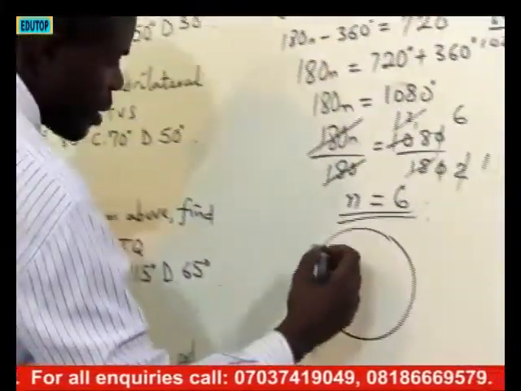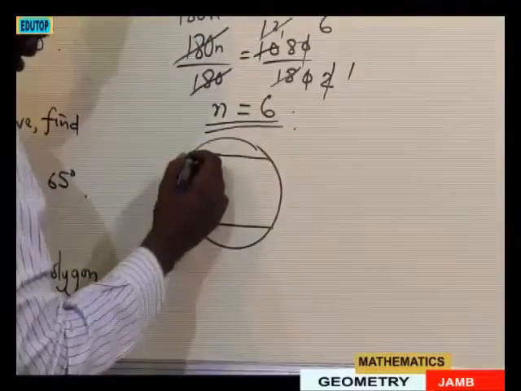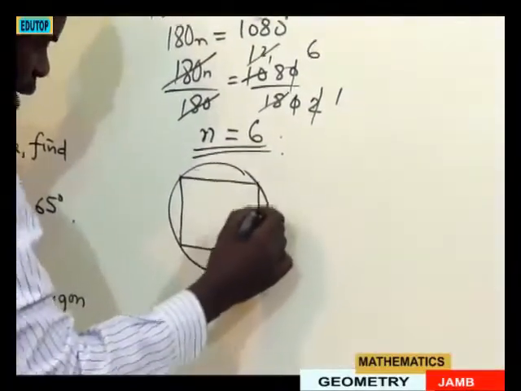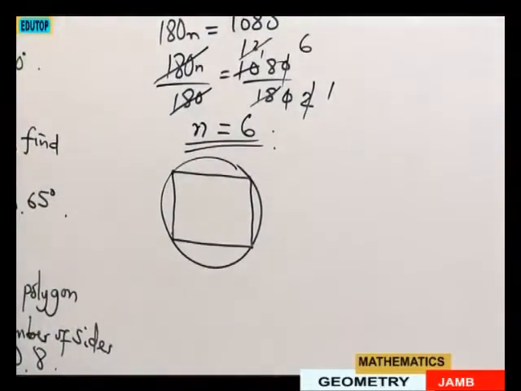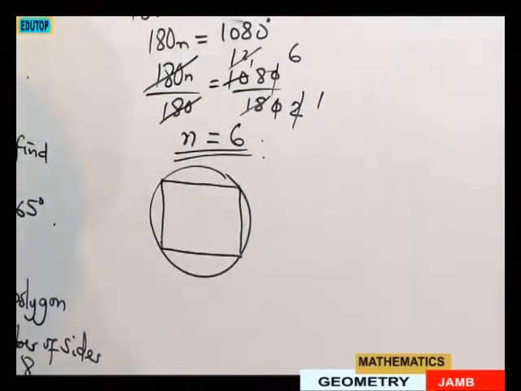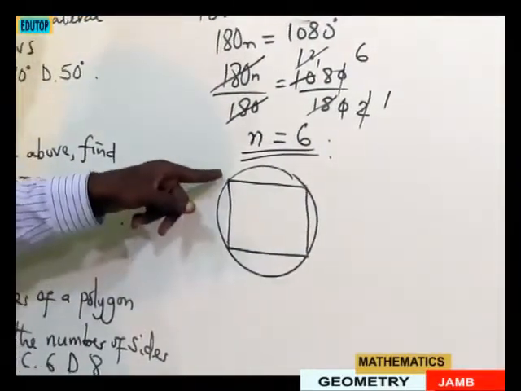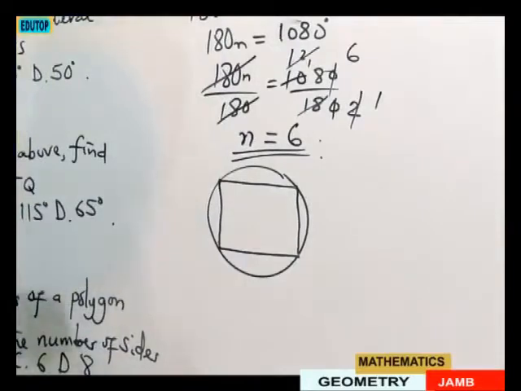This is our diagram. The first thing you need to note as far as circle geometry is concerned is that when you are dealing with a cyclic quadrilateral such that the 4 edges are touching the circle, the opposite angles of a cyclic quadrilateral are supplementary.